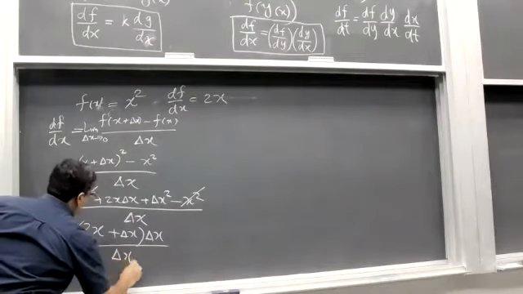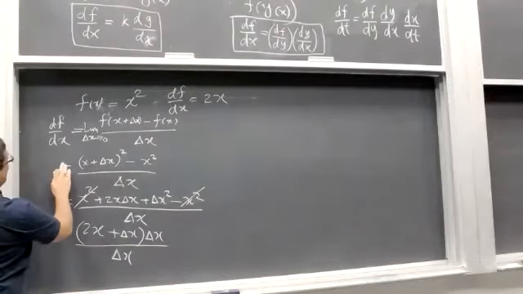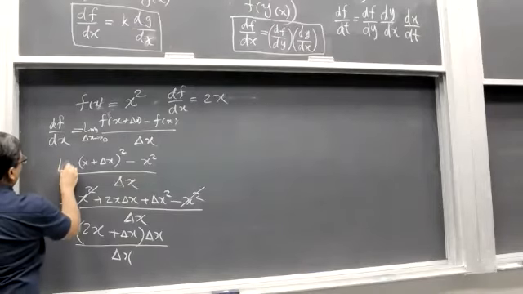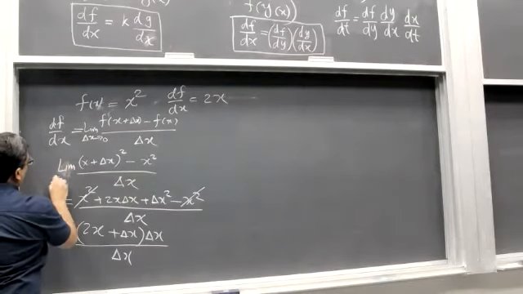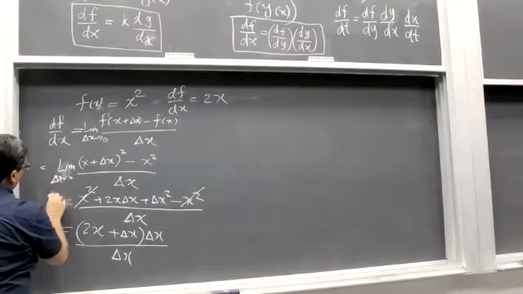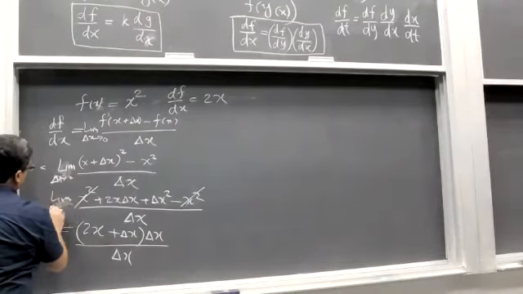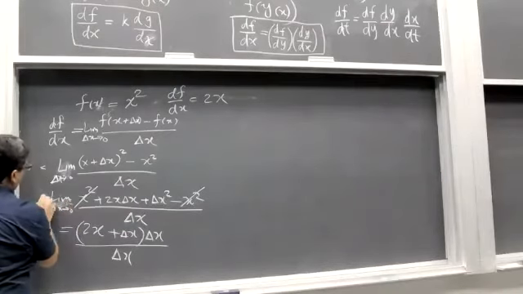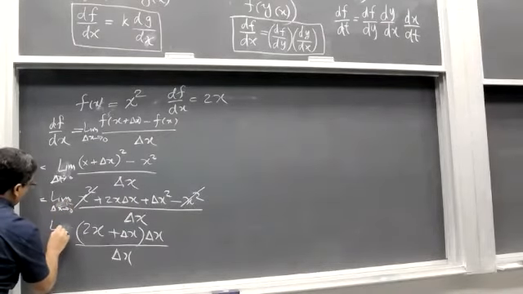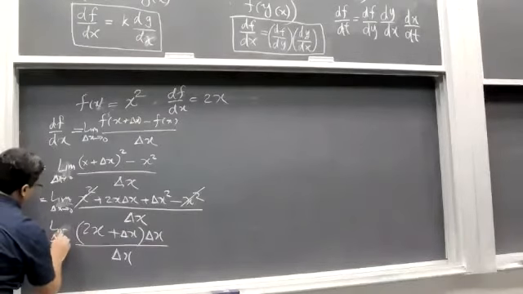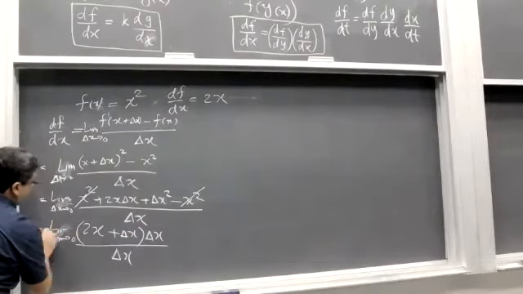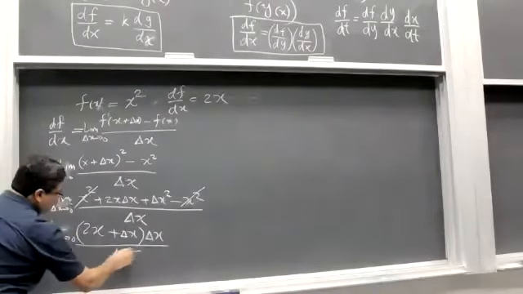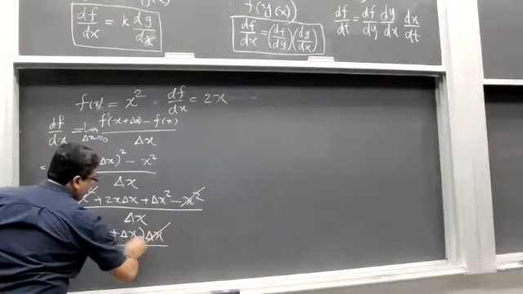over delta x. And sorry, I missed writing the limit, because I still need it here: limit delta x approaching 0. And here, this delta x cancels with this delta x.